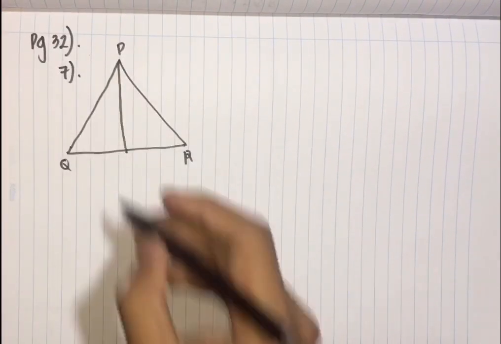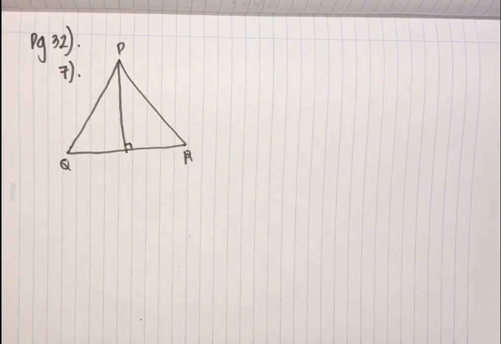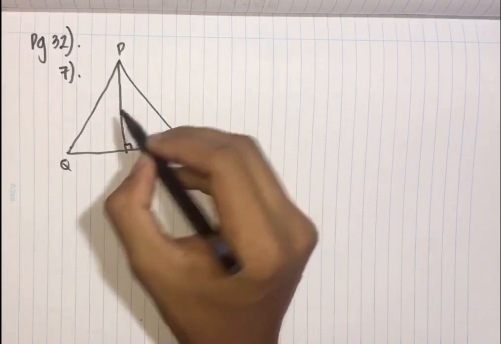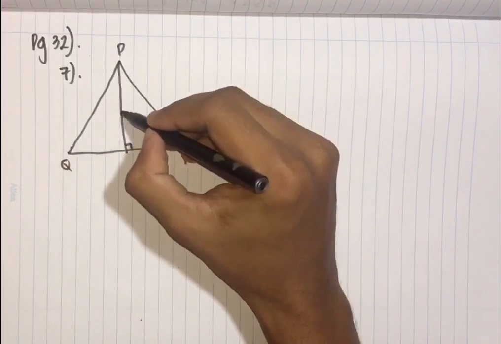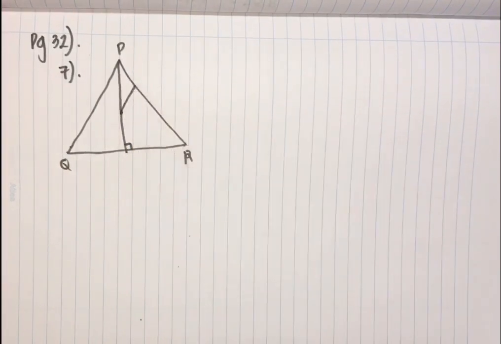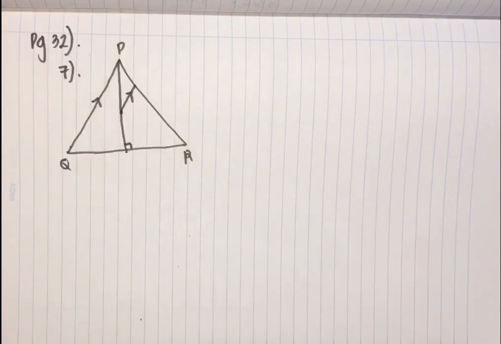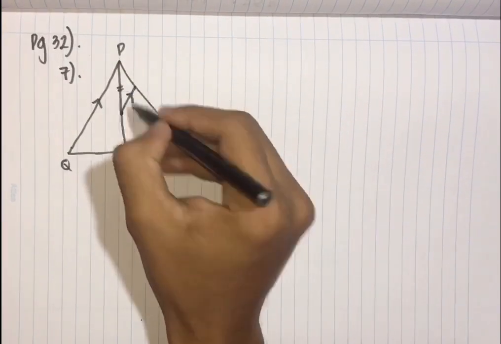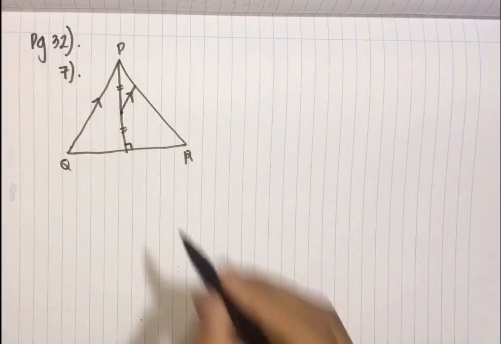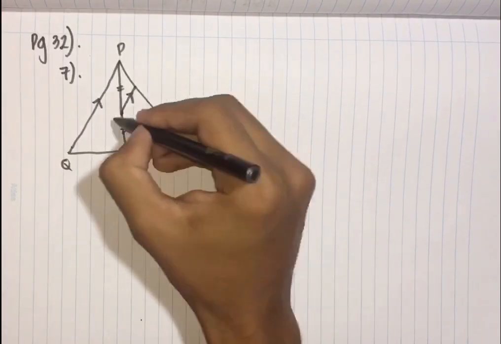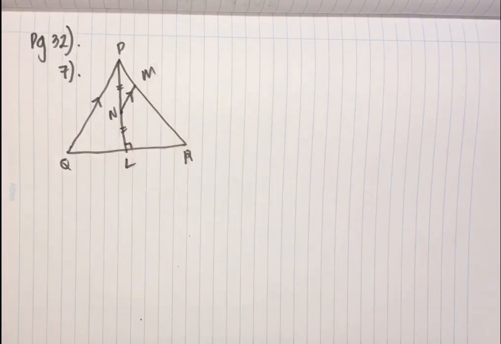They have marked this as the perpendicular, also the midpoint. From here they have drawn a line such that these two are parallel, and also these two lines are equal, since this is the midpoint. This is L and you have N here, M here. Find the length of MN based on the information given in the figure.